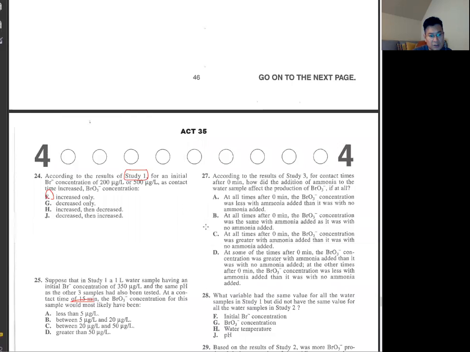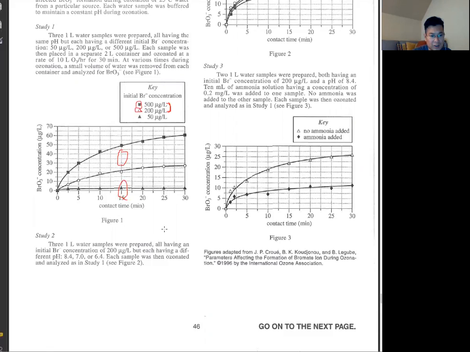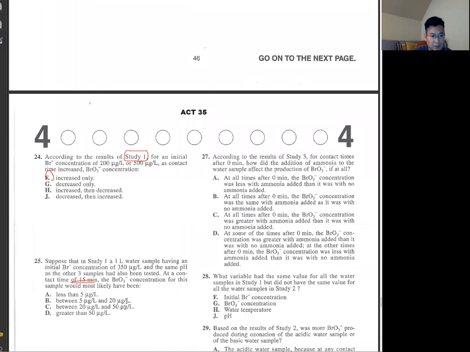So in study 1, at 15 minutes, we don't know 350, but it has to be between these two, and the concentration has to be somewhere around 20 and 50. So going back to the question, we can find it from C.